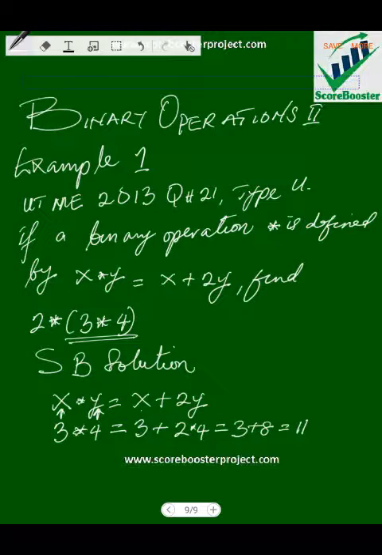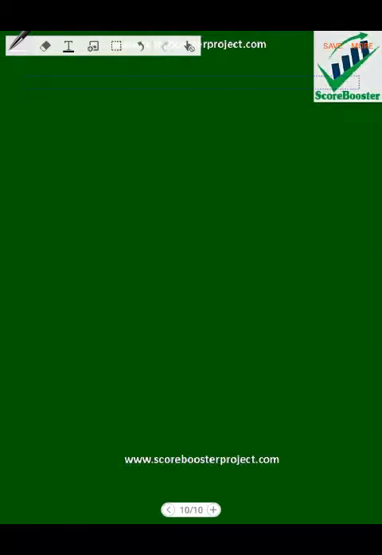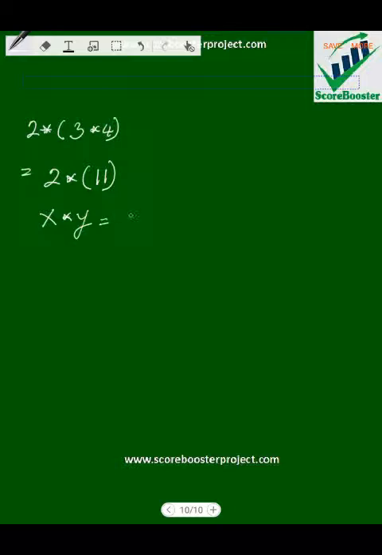So now I can rewrite the question as 2 star 3 star 4 is the same as 2 star 11. Again, remember my formula is x star y is equals to x plus 2y.